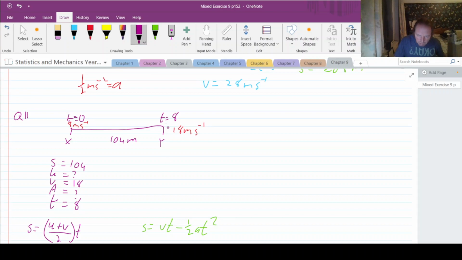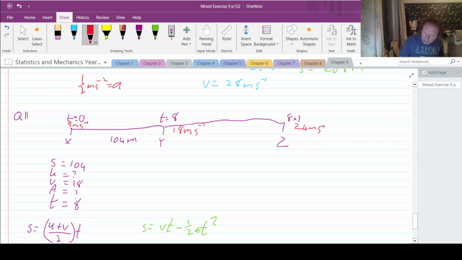We have continued to move all the way up to Z until we have become 3 times the speed. So that's 24 meters a second. Okay, find the distance XZ.